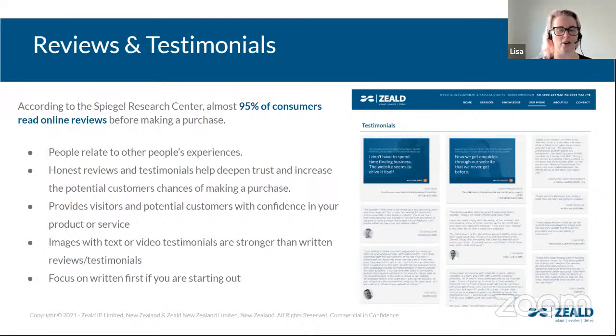As a little side note here, if you do get a bad review or a comment that's not the greatest for you, never delete, never hide from it. Go back to them. One of the key things here is just respond, apologize that they had that experience or they felt that way, and then offer to take it offline. Taking it offline is probably the key here because you don't want something to unfold on the internet.